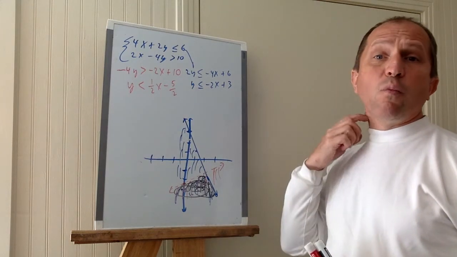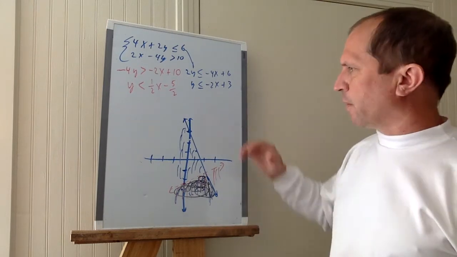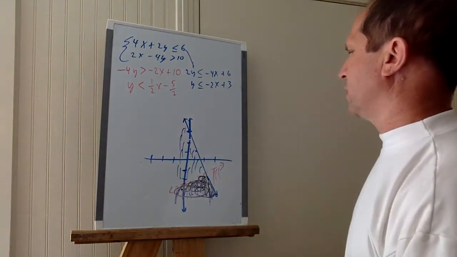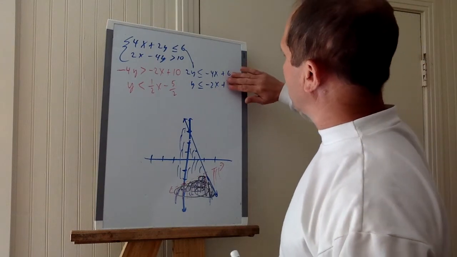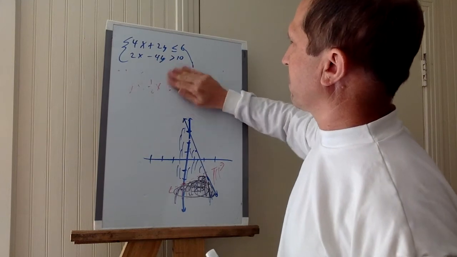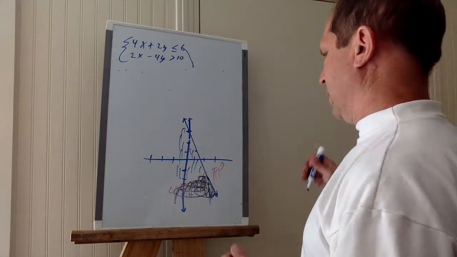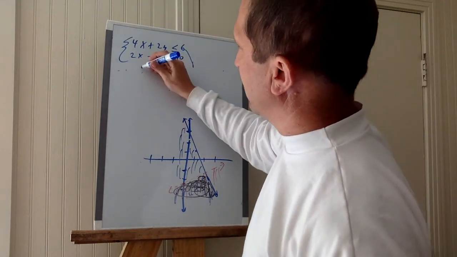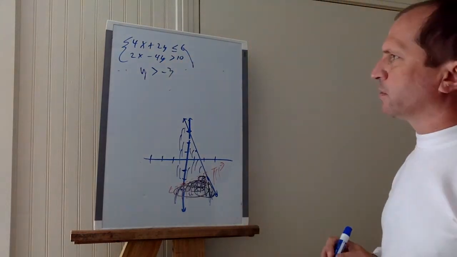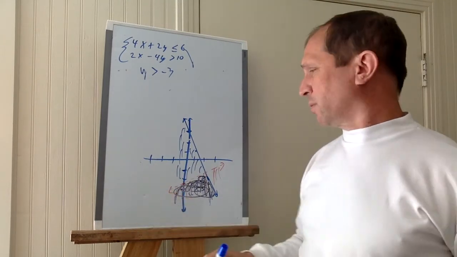Now, I want to throw in one more inequality in this case, and we'll see how to deal with that. We're going to leave these two alone. But then let's say they also wanted us to consider the graph of y is greater than negative 3. Y is greater than negative 3 is going to be at the horizontal line y equals negative 3.